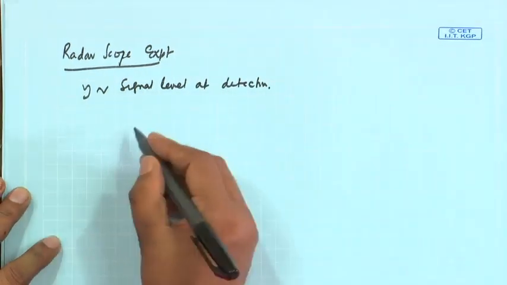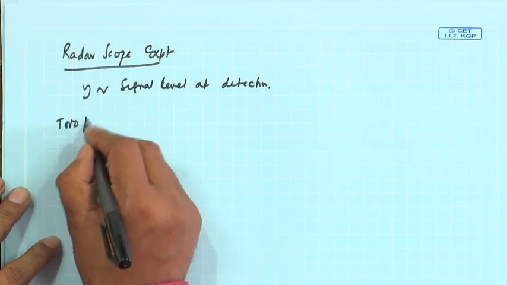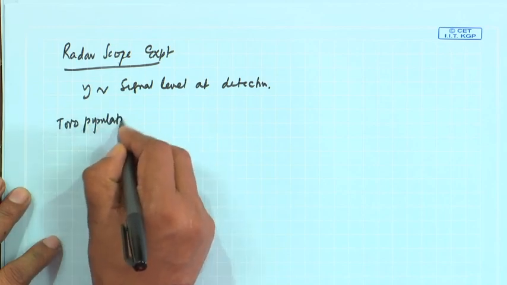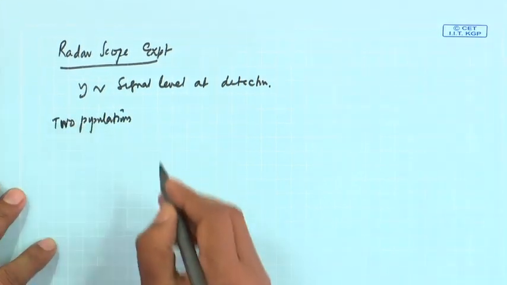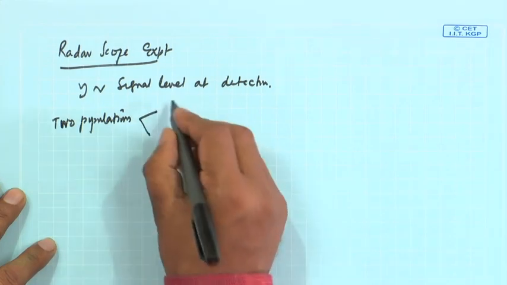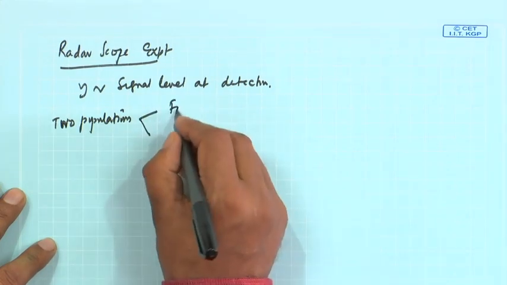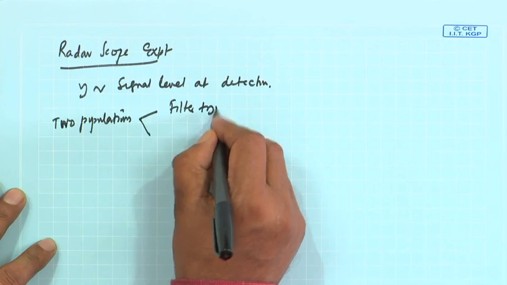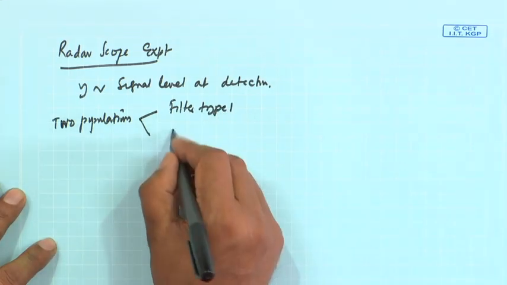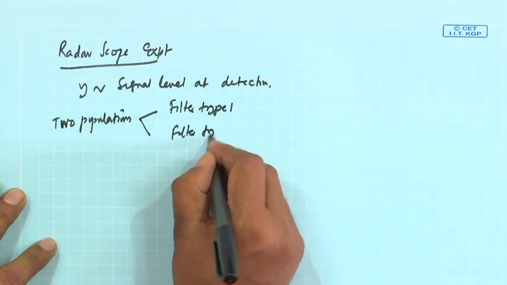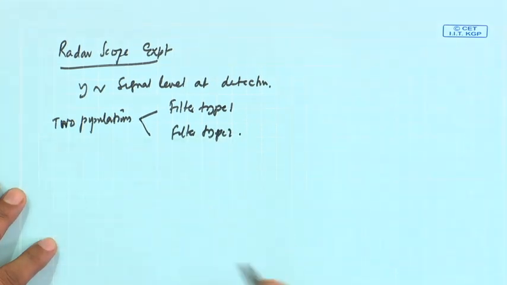So, here your two populations are two levels of that filter type. Filter type 1 is the first population, filter type 2 is the second population.